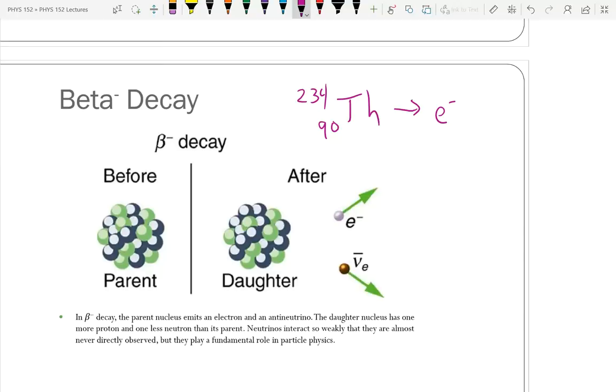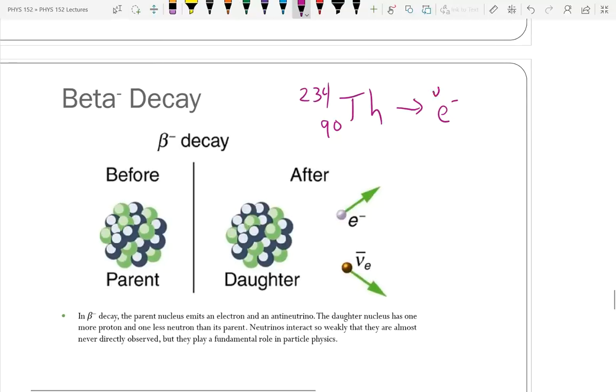How many protons are in an electron? None, right? How many neutrons are in an electron? None. So the standard thing that we would do is say that this electron should have subscript and superscript 0 and 0.